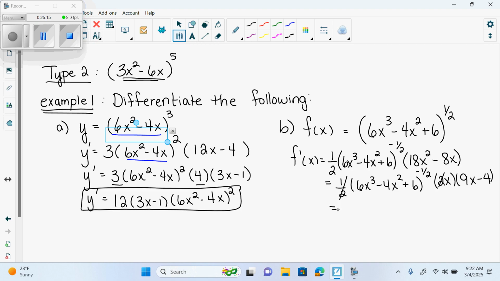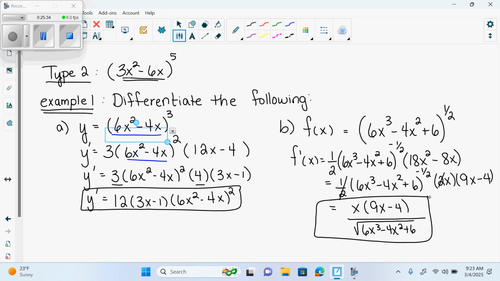So on the top, you are left with x times (9x minus 4), and then on the bottom, you're left with this to the positive half, or they might write it as the square root of 6x cubed minus 4x squared plus 6. Depends on what the answer is. The answer key might be that. They'll make them positive usually.